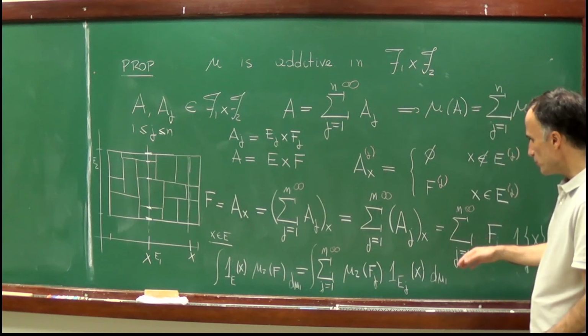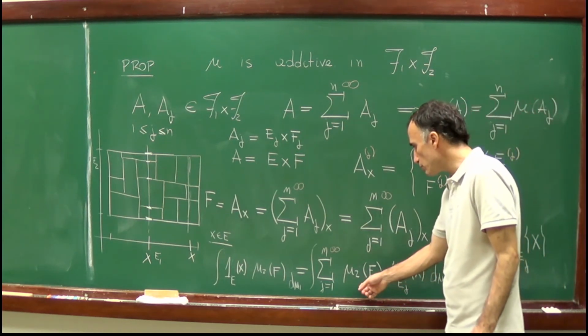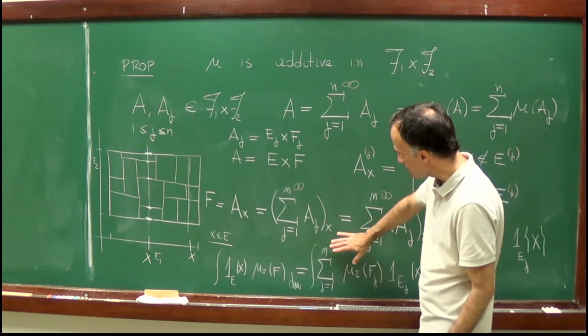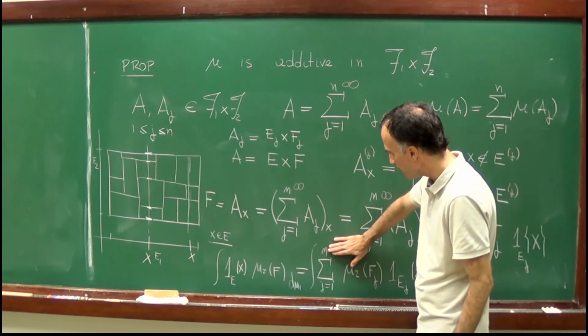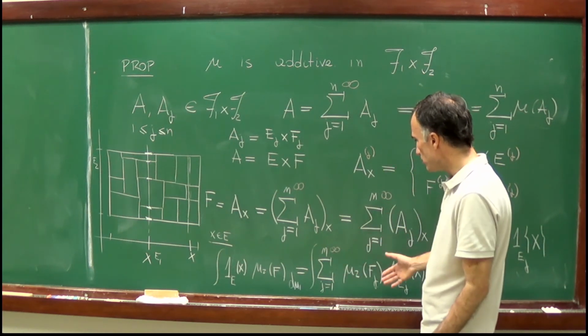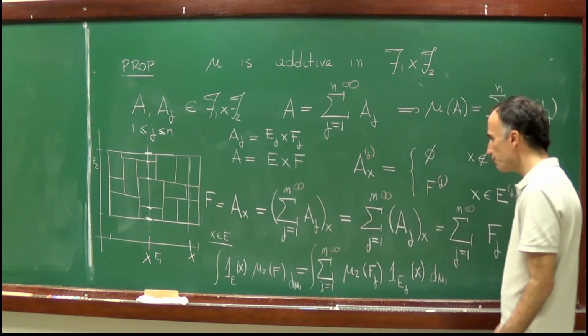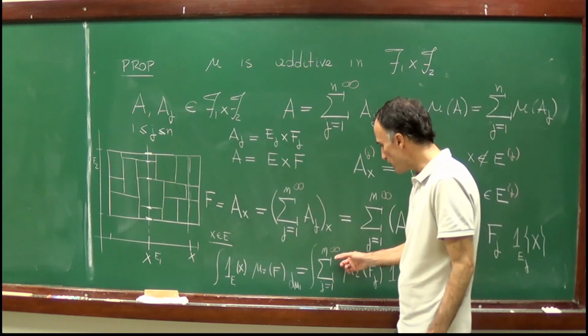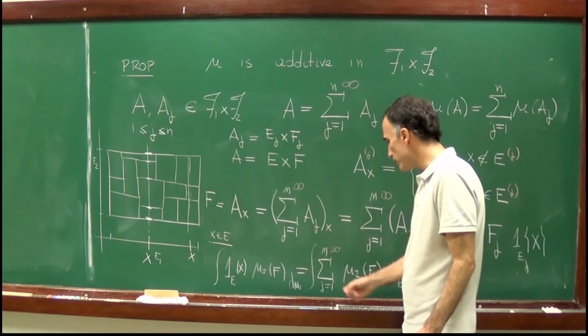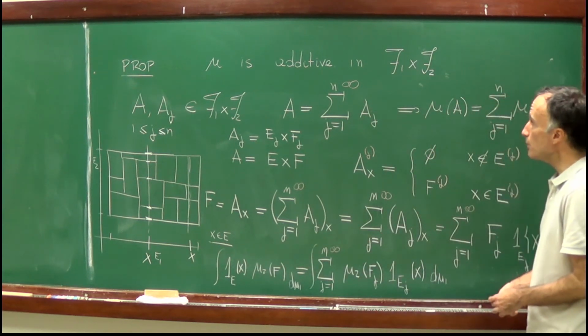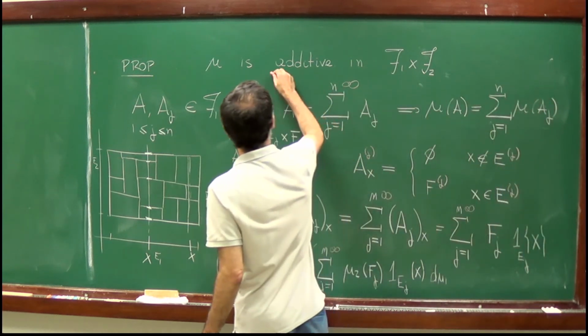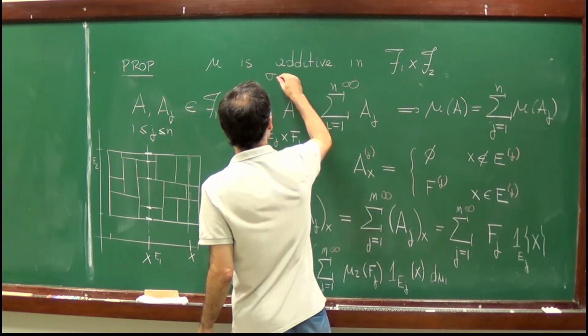What we will use instead is the monotone convergence theorem, saying that this infinite sum is in fact a limit of finite sums, and by the monotone convergence theorem we can exchange the limit with the integral, and therefore we can exchange the infinite sum with the integral. So the same argument shows in fact that mu is sigma additive.